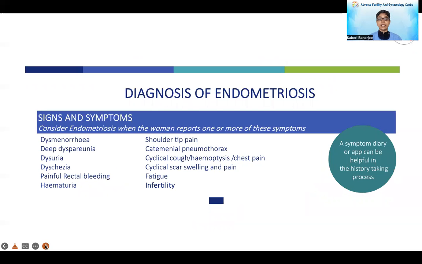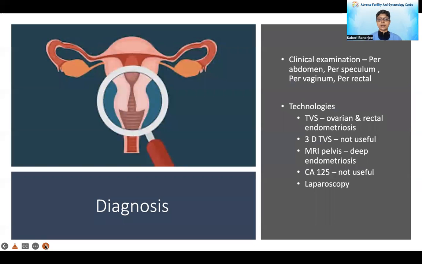The international guidelines for endometriosis from the European Society say that the symptoms I already mentioned, including painful rectal bleeding, blood during urination, shoulder tip pain, pain in the cesarean section site, and fatigue, can all be due to endometriosis.